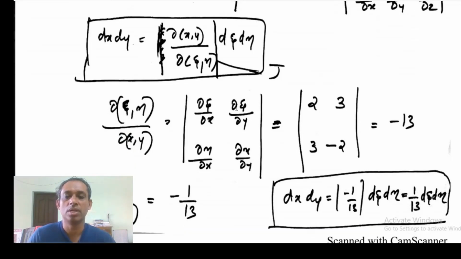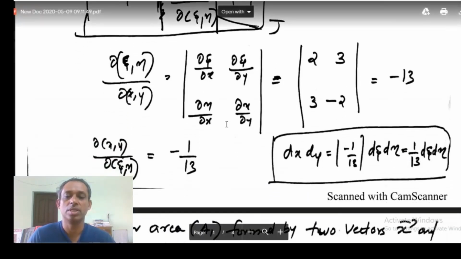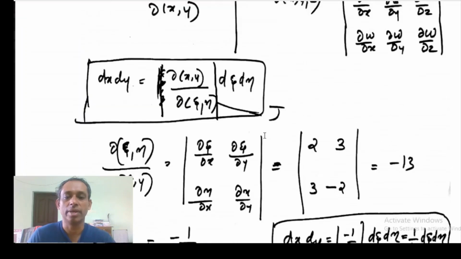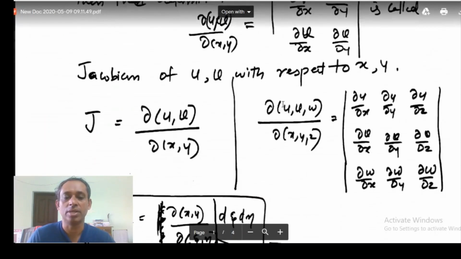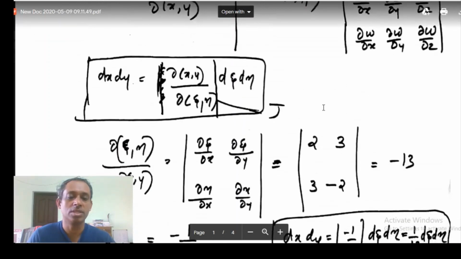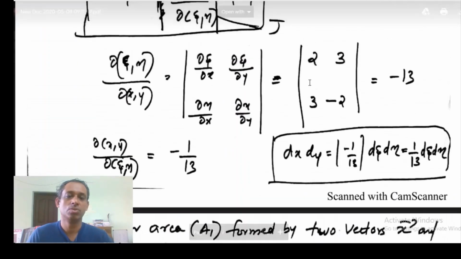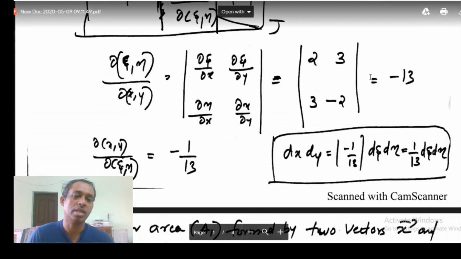That is ∂θ/∂x, ∂θ/∂y, ∂η/∂x, ∂η/∂y. The partial derivative of theta with respect to x is 2, with respect to y is 3. The derivative of eta with respect to x is 3, with respect to y is minus 2. So we get the determinant 2, 3, 3, minus 2, and its value is minus 13.